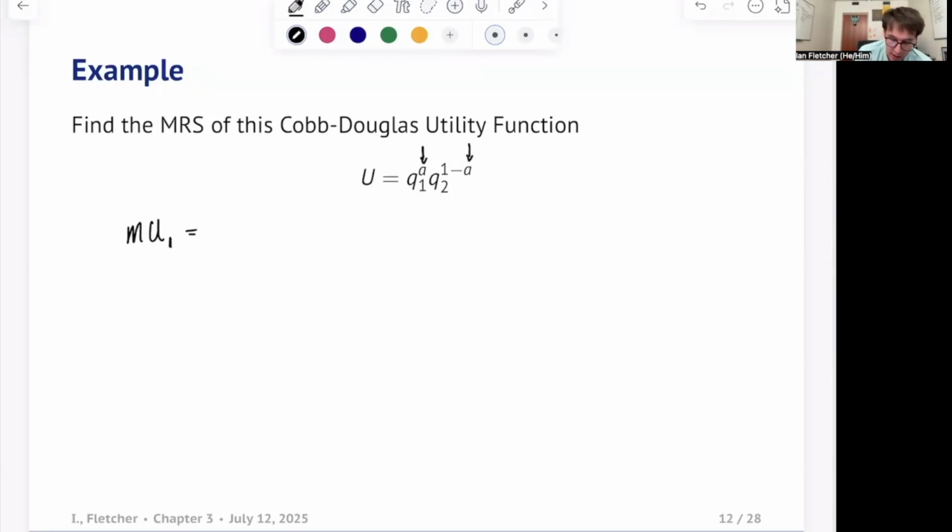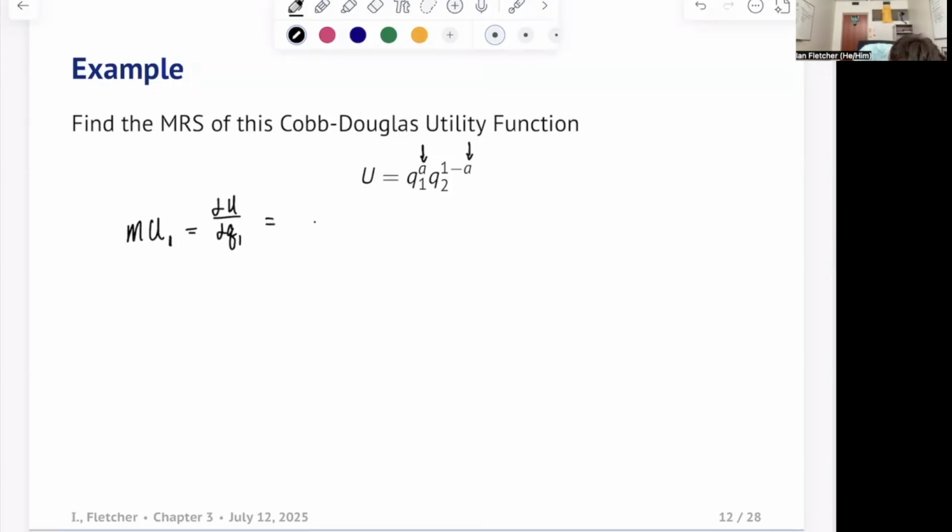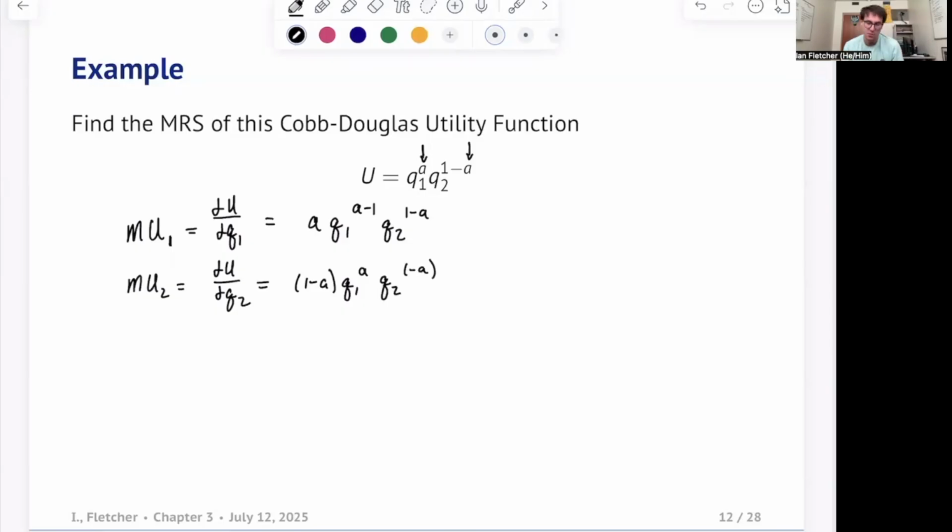This is going to be dU dQ1, which should be A Q1 to the A minus 1, Q2 to the 1 minus A. The marginal utility of 2 should be very similar, times minus A, because the ones are going to cancel out.